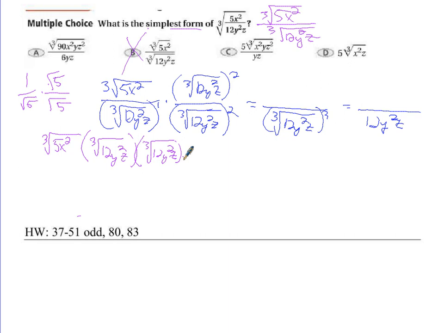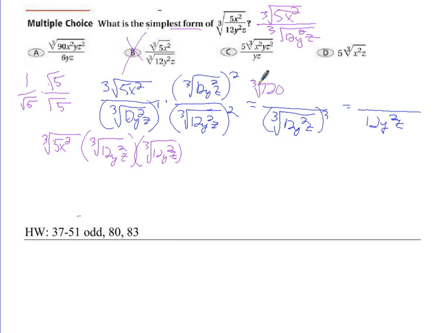Okay. So now that I've written this out like this, since these are all the same index, I can multiply all this stuff together. So I have 5 times 12 times 12. What is that? 720.